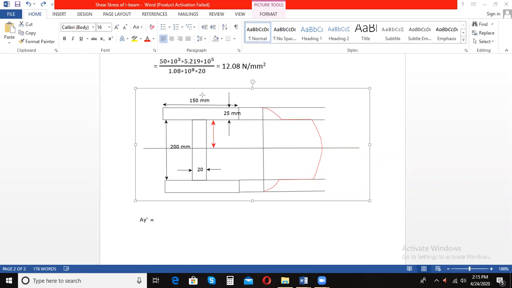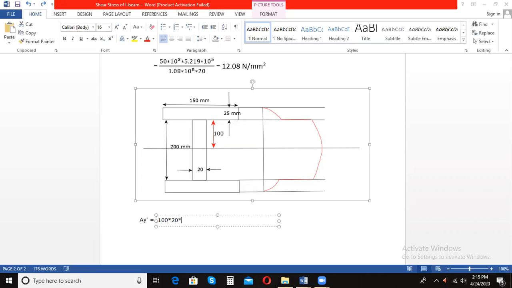This part is 100 mm. Clear? What is the thickness of this web? The thickness here is 20 mm. So let me write down the area. That is 100 into 20 mm.